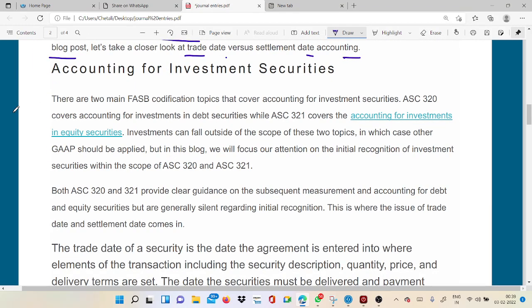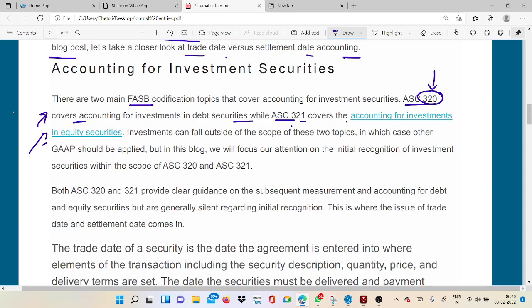Accounting for investment securities: there are two main financial accounting standards, in the codification. Topic 320 covers accounting for investments in debt securities, while accounting standard 321 covers accounting for investments in equities.